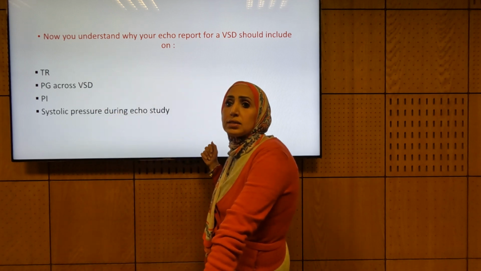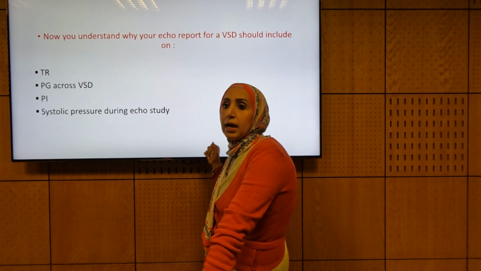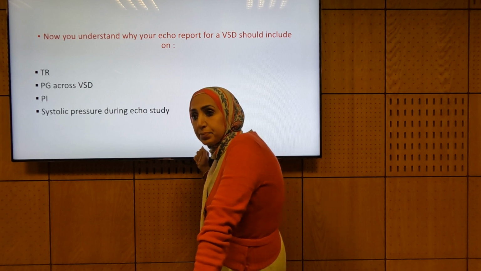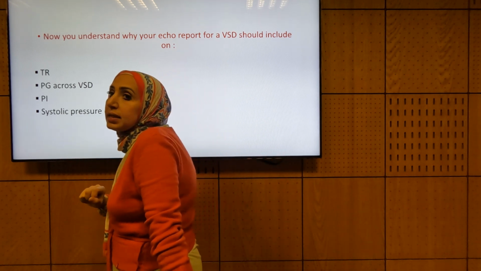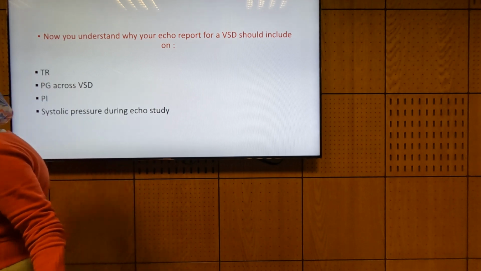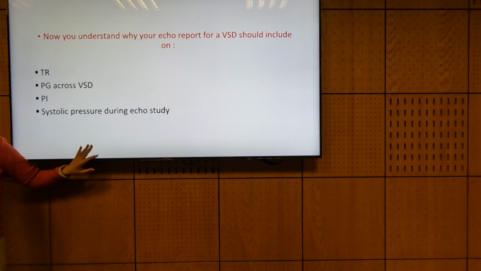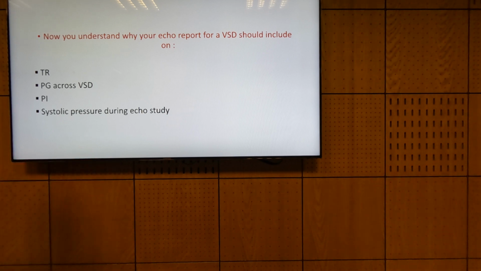Because if your patient is hypotensive and his blood pressure is 90 in one visit, and hypertensive and his blood pressure is 150 in another visit, you have to record it. It's normal practice in Aswan that we write in our patient's report that the blood pressure during this exam is equal to that. If the patient is immediately post-operative and is vasodilated and the blood pressure is really low, you have to compare it to the systolic pressure. So this is a clinical point.